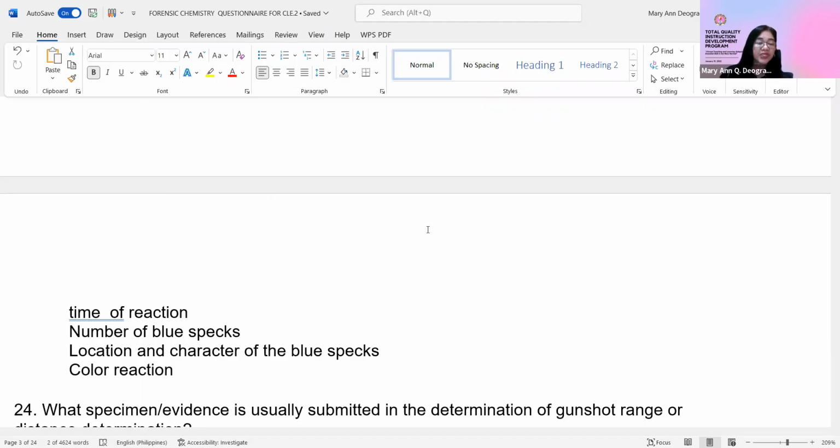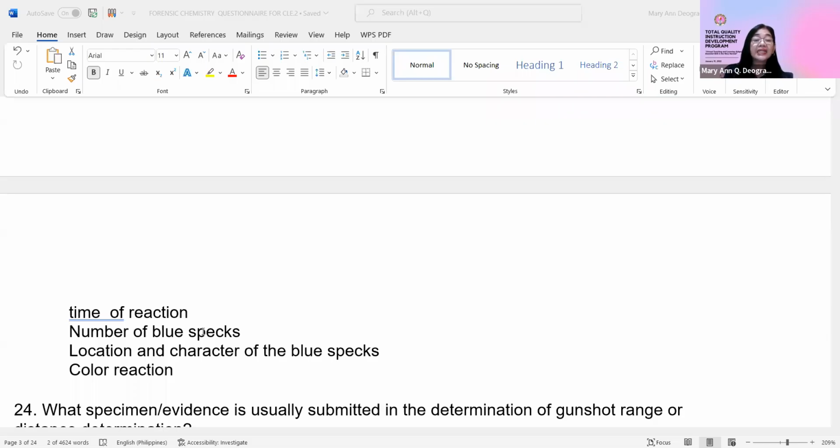Kasi exception yan. Which of these is not a factor which is used in the interpretation of the DPA test? Is it time of reaction? Kasama yan. Okay. Number of blue specks? Okay, kasama yan. Yes, the answer is color reaction kasi nandun na yung blue specks eh.